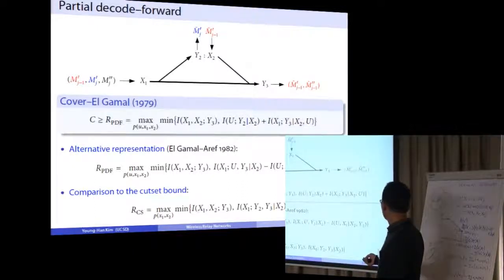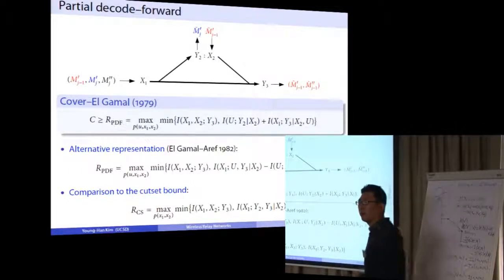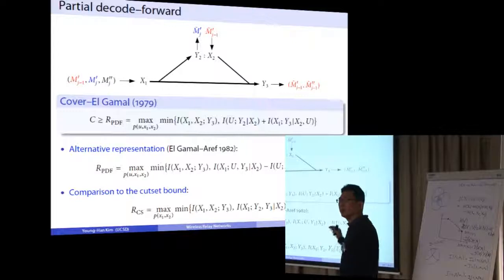For the cut-set bound, I have the cooperative MAC mutual information, and in place of Y2, I have U, and then there is an additional penalty term. So this is one way of rewriting the partial decode forward rate.